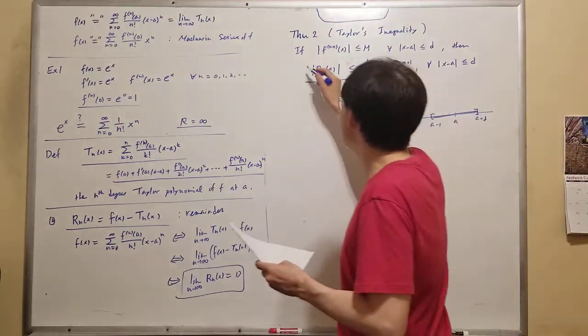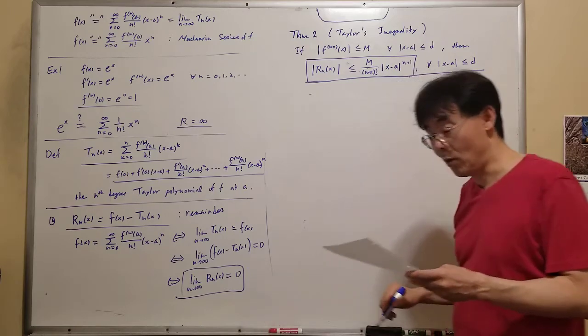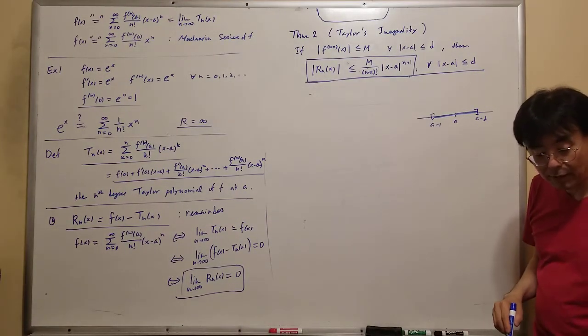Okay? This is Taylor's inequality. This is the key.